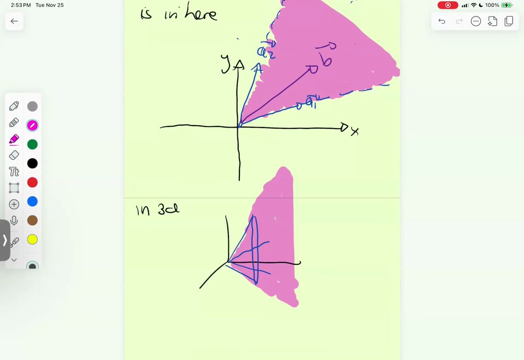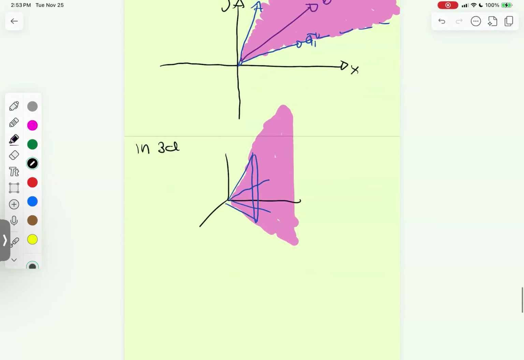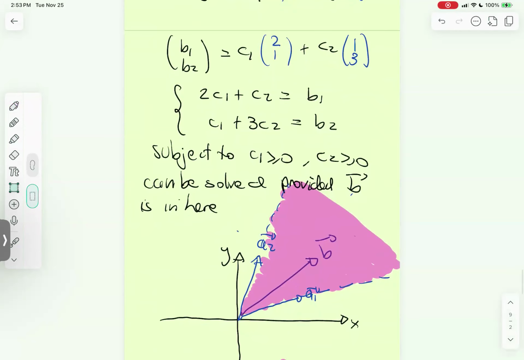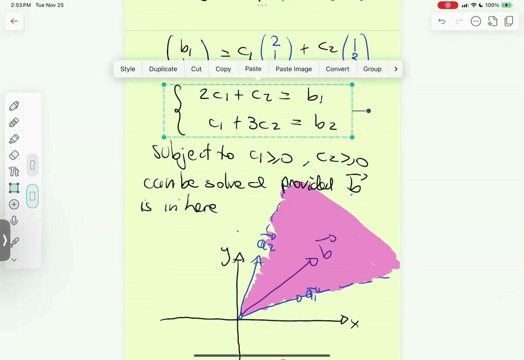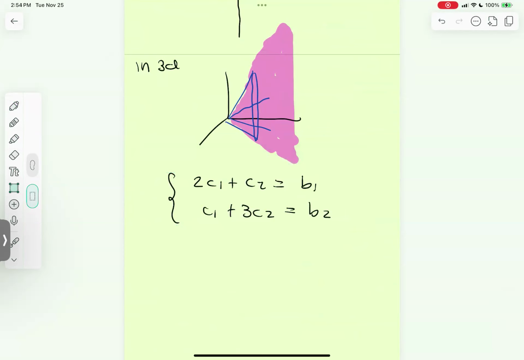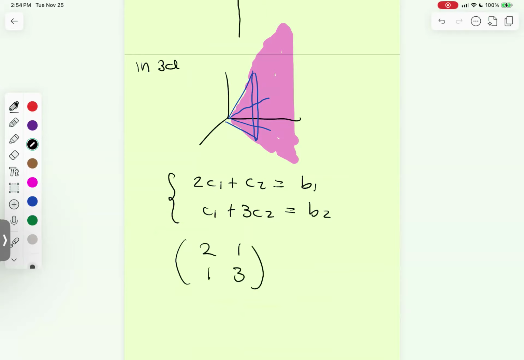Just to continue with this example, as always, if you want to write this in the notation, you would write it as the matrix [2, 1; 1, 3] times (C1, C2) equals (B1, B2).